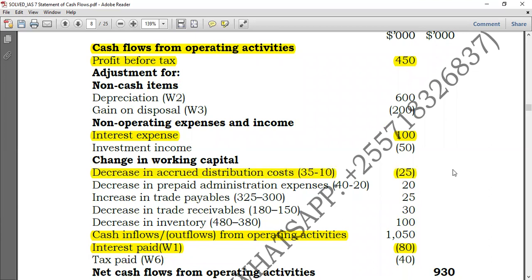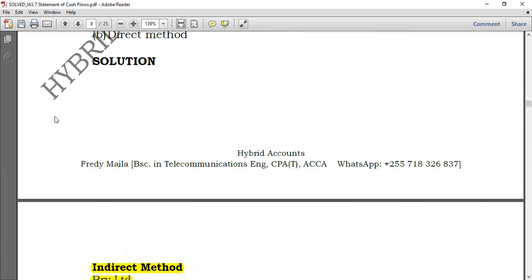That's why the liability decreased. And that's why, when doing this, you have to make sure that you have read all other instructions such that all that is left is cash. So any liability decrease would have to be negative. Any liability increase will be positive. While for assets, any decrease in assets will be a positive cash flow, and any increase in assets will be negative. So I'm done with the distribution cost.